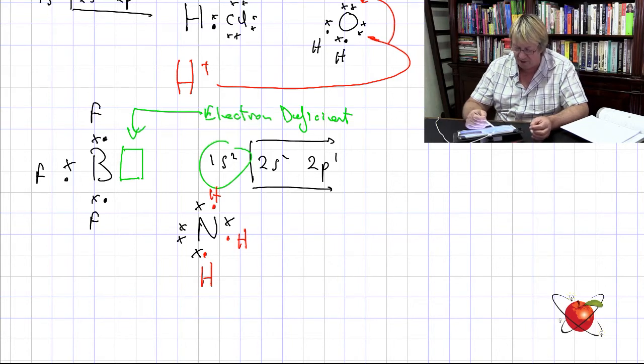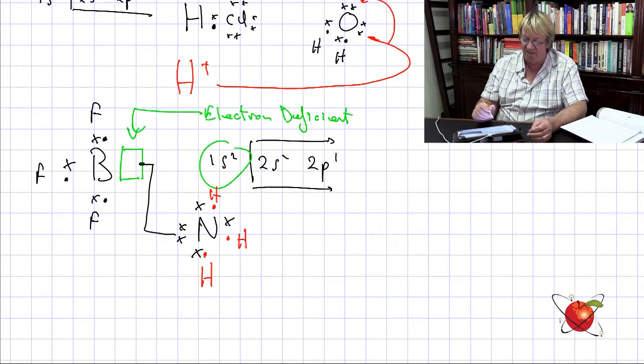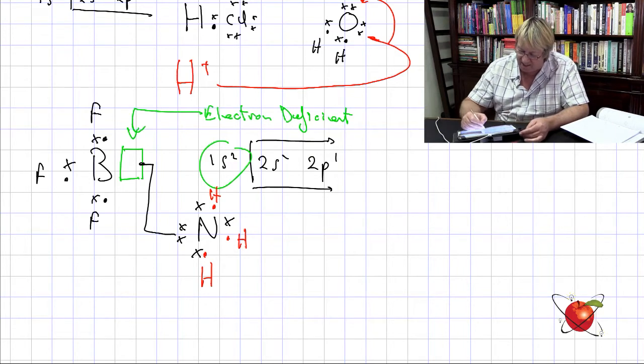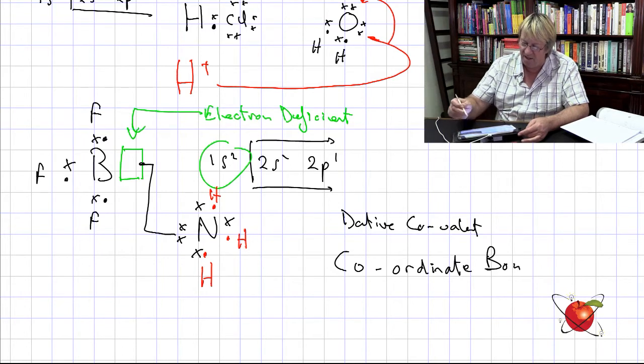Because it's got the -3, but it's full, right? So what happens is the ammonia comes and it sits in there. That is once again a dative covalent bond, also called a coordinate bond.